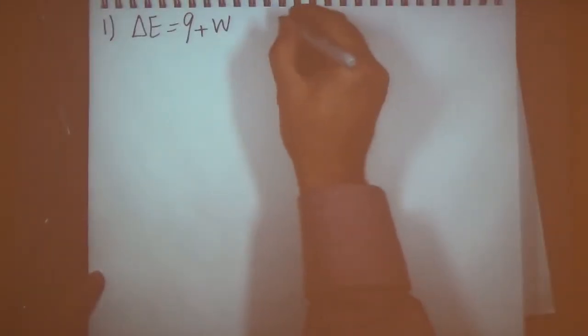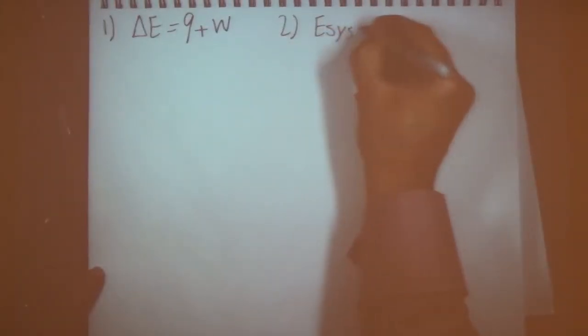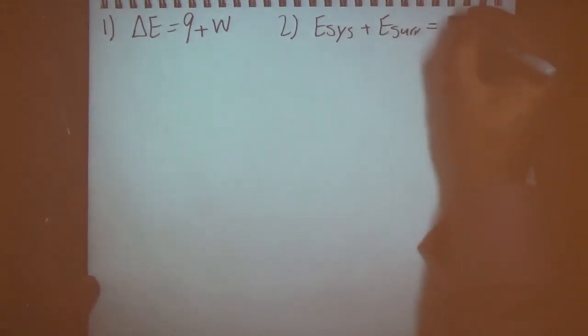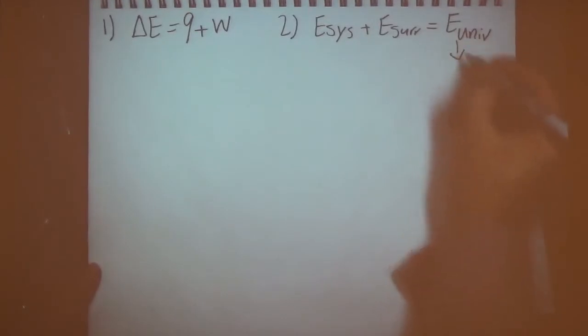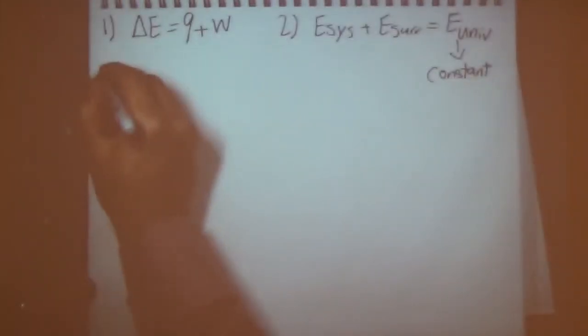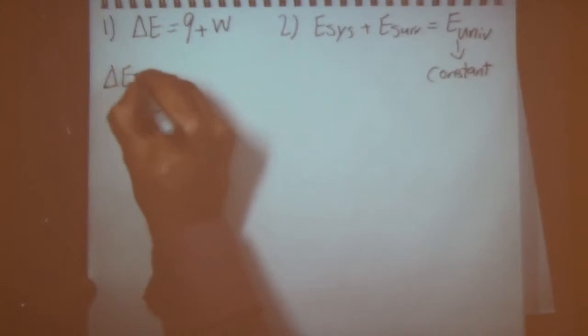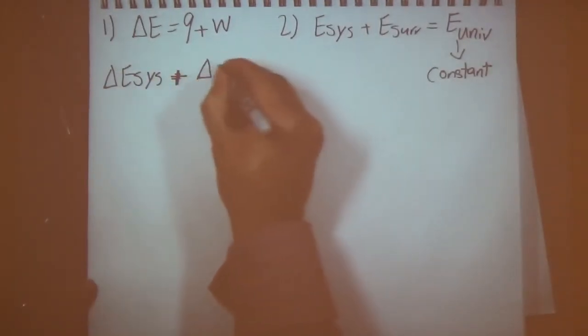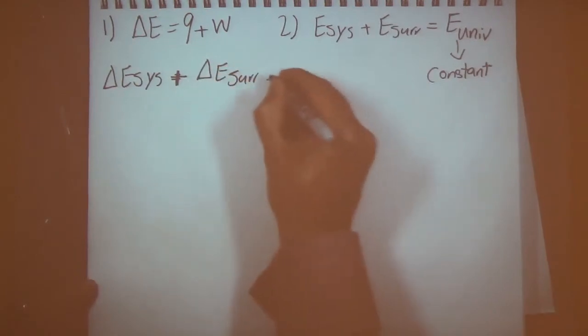And the second formula, we said E of system plus E of surrounding is equal to energy of universe, and this is a constant number. When you get the first derivative, it will be delta E of the system plus delta E of surrounding equal to 0.